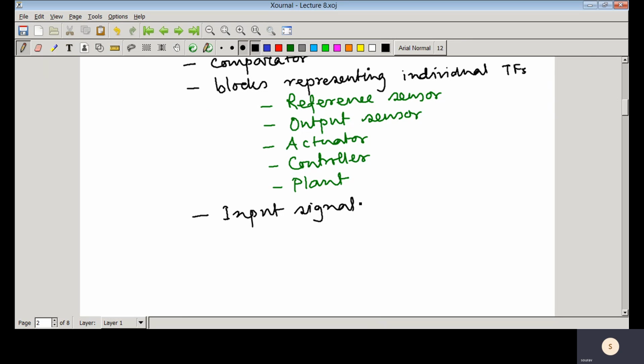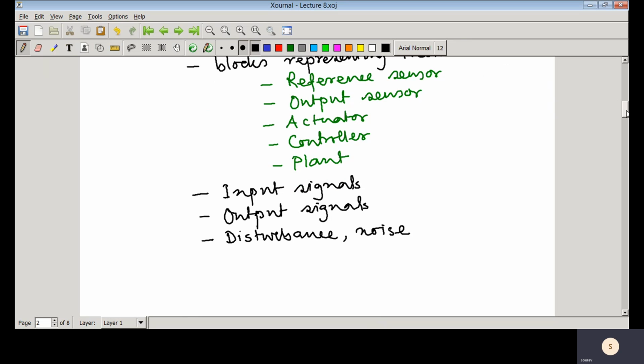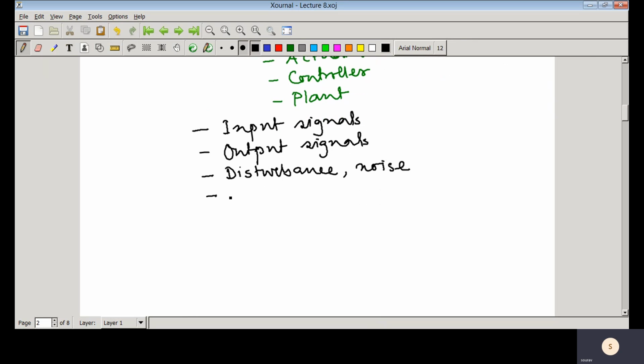So input signal, that is the reference command, then output signal, that is the measured controlled output, that measured signal, and then the disturbance, noise. So these all are unwanted signals which are inevitable in closed loop control systems. And another one is the feedback loop.